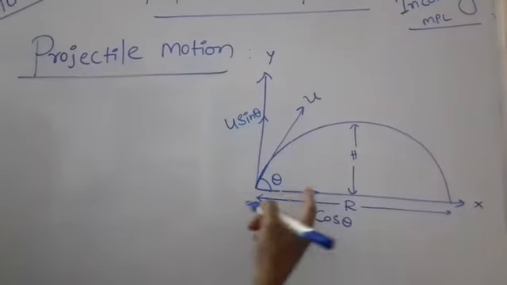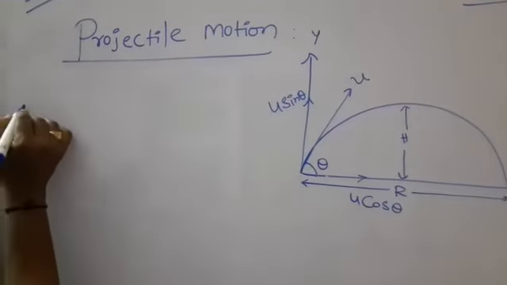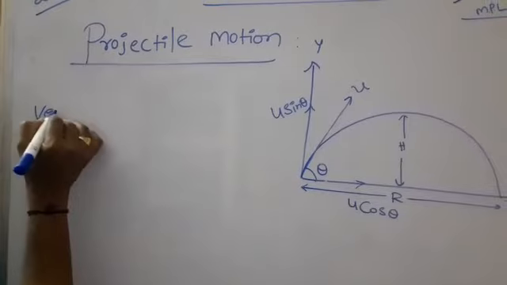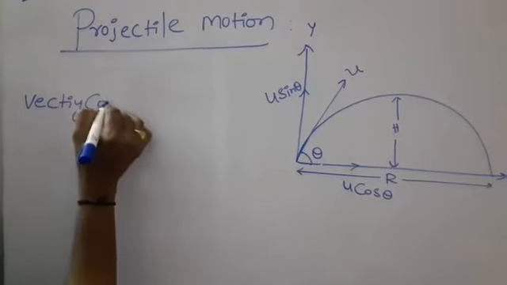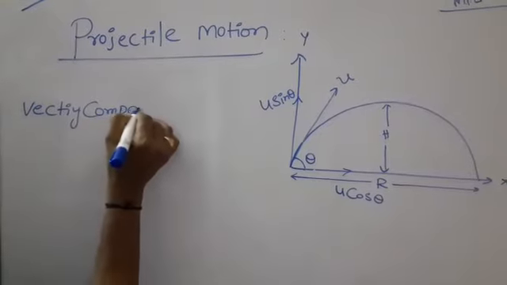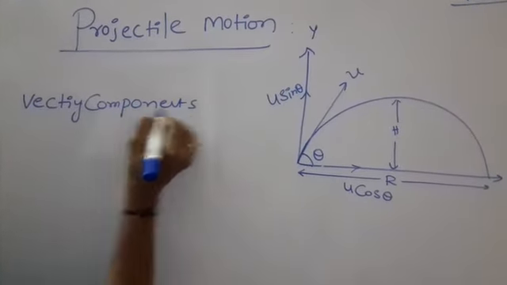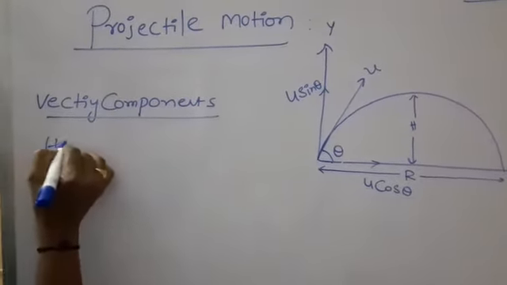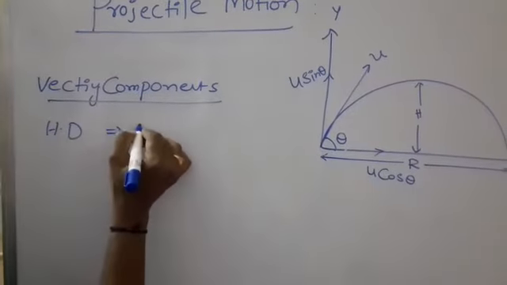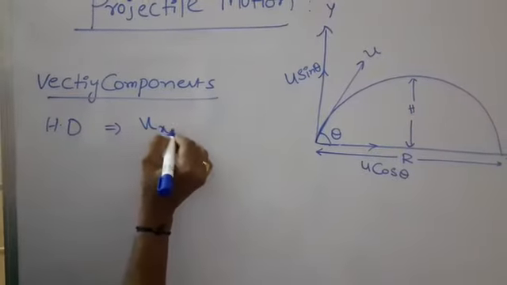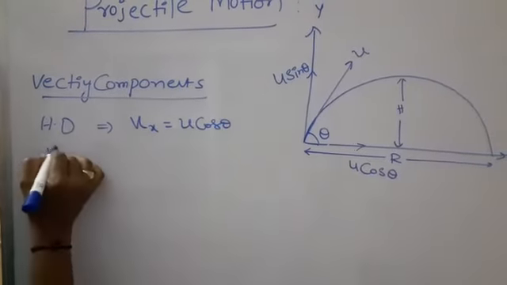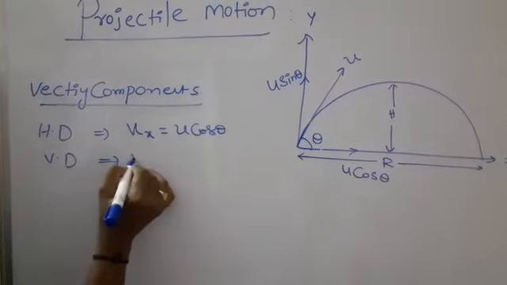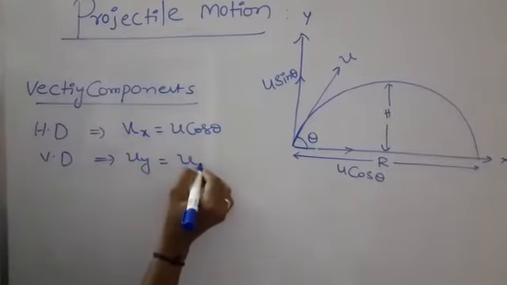So the velocity components: in the horizontal direction, ux, the initial velocity, is u cos theta. In the vertical direction, uy is equal to u sin theta.